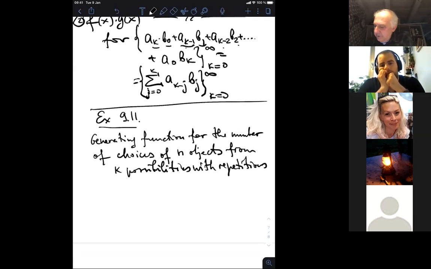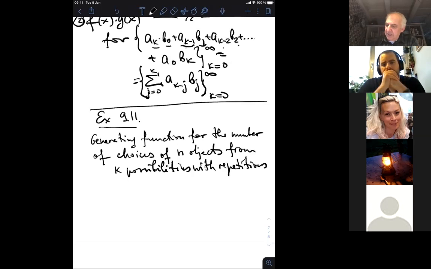So we have k types of objects. So say we have, I don't know, apples, oranges, and cucumbers, and we have unlimited supply of each of them. And we want to pick, say, 5 objects of these 3 types of objects. So how many possible choices do we have?